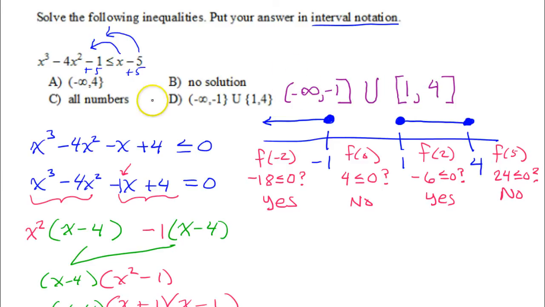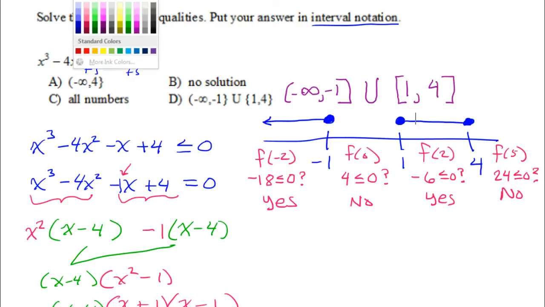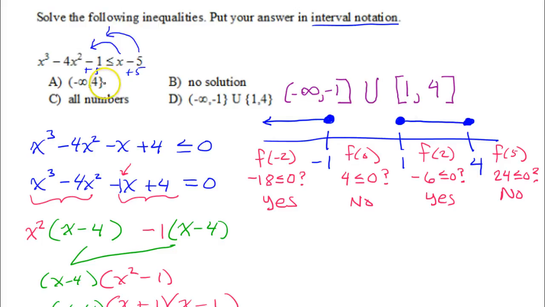Now, looking back at the answer choices, the software used to generate these questions uses these braces instead of square brackets, but they mean the same thing, or at least the author of this question wants this to represent the same thing.